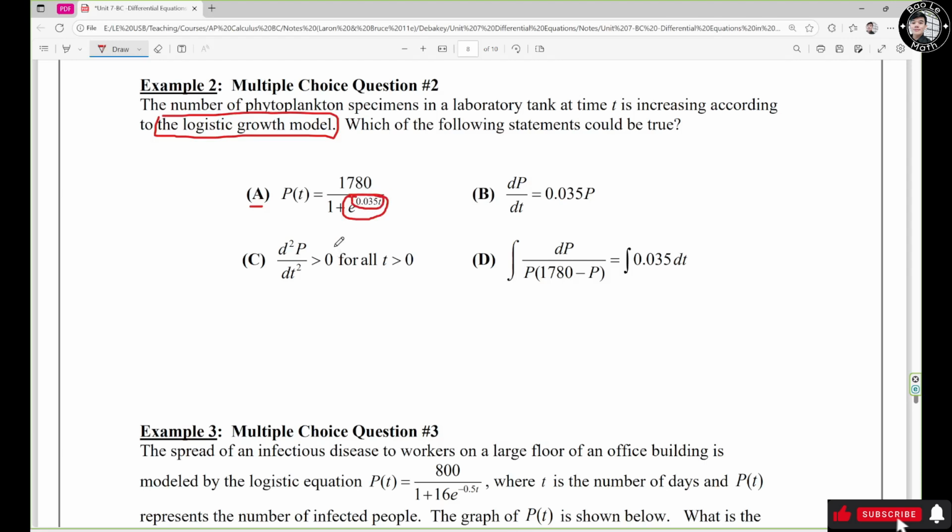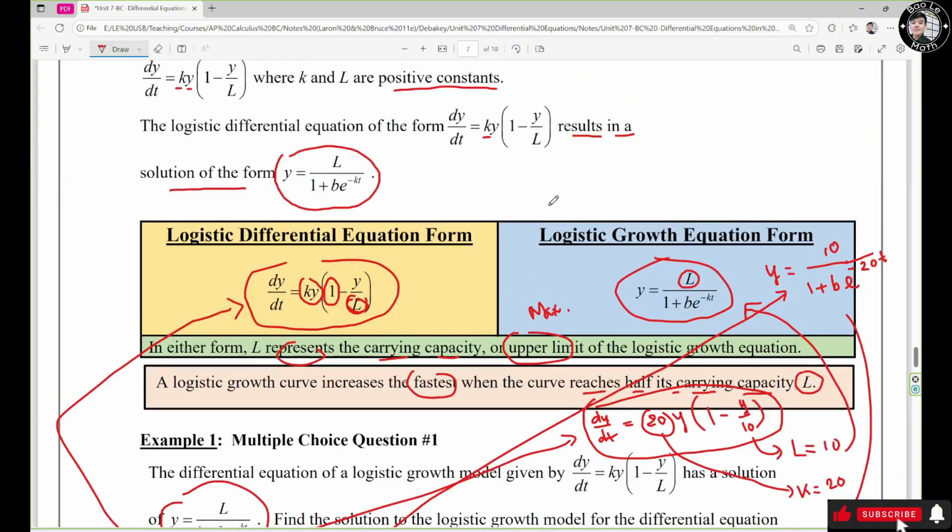If it's positive, it does not represent the growth model, so we need to exclude this one. Now, answer choice B. This one does not represent the logistic growth model. It does represent the normal exponential growth, which is right here.